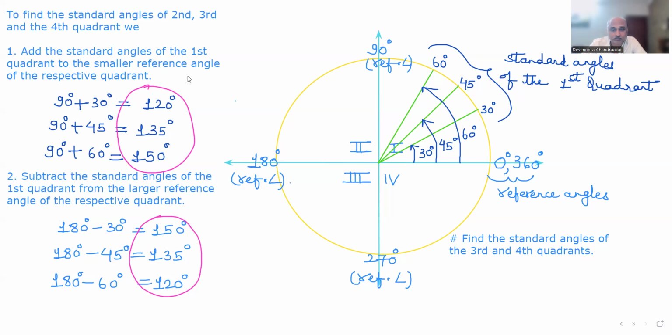Pradeep Sharma, your answers are correct. Jagdish, your answers are also correct. Very good. Nilangshi, your answers for the fourth quadrant are also correct. Very good. Arshit, please check your answers and correct it, beta.